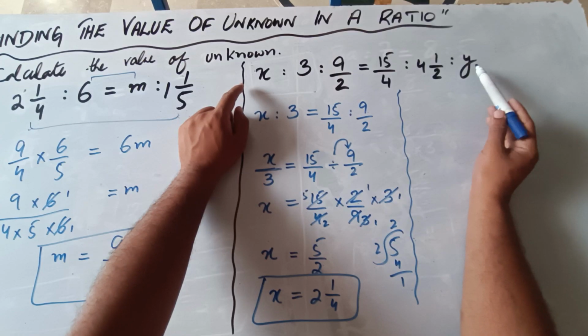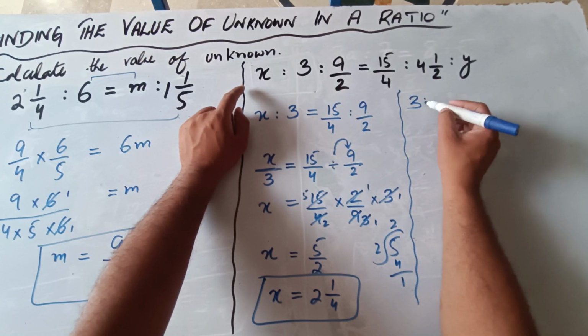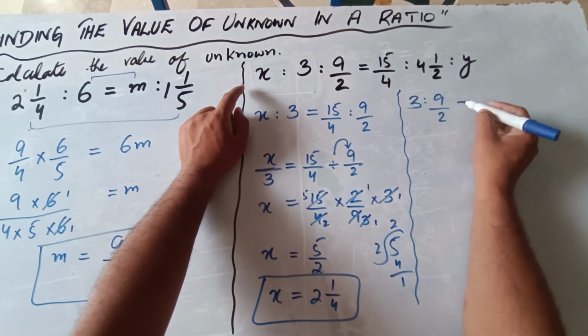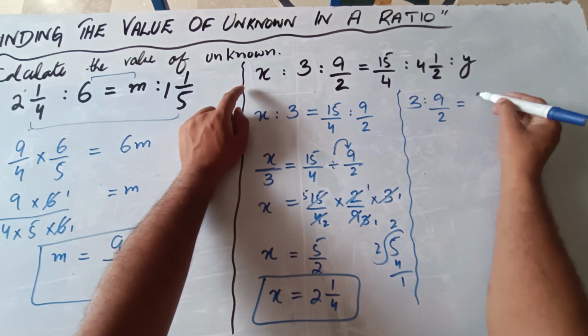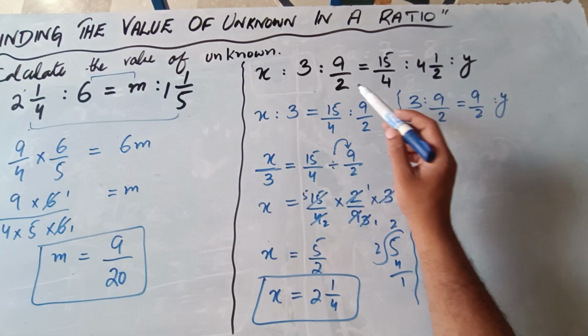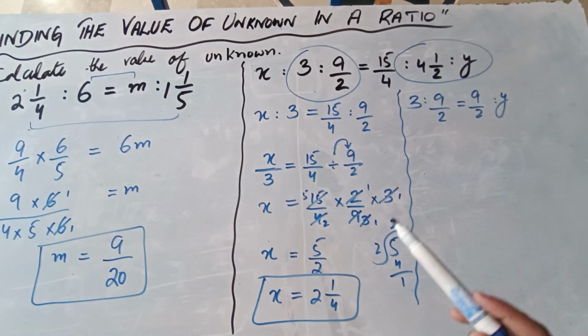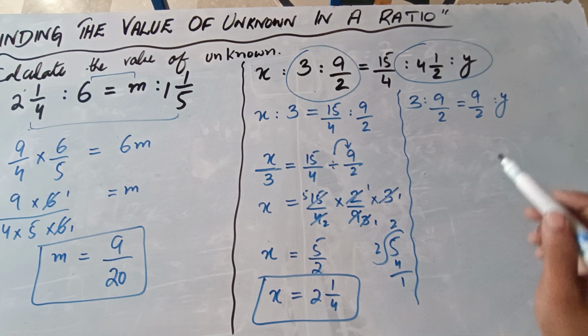We would pick this one. Or if you want to take the last two values, 3 ratio 9 by 2 is equal to 9 upon 2 ratio y. So this is also fine. Now I am taking the last two values equal to the last two values. I hope this is very clear.